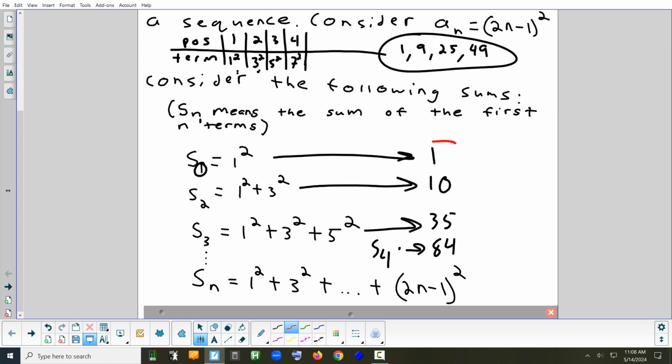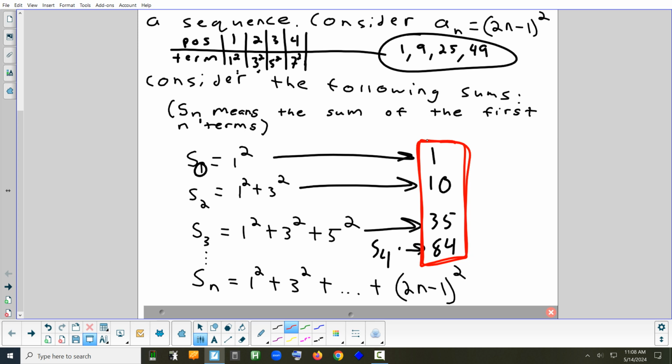Now what I want you to do is look at these numbers. 1, 10, 35, 84. This is another pattern of numbers now. What this pattern of numbers represents is the sums of the first n terms. So if we could start predicting what's going to happen in this pattern, then we could add up as many terms as we want without doing it by hand.